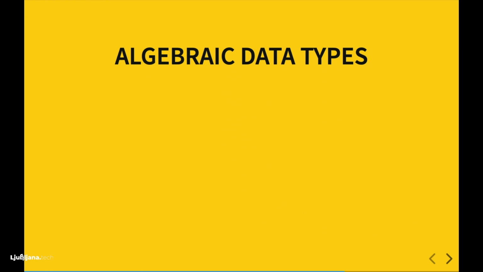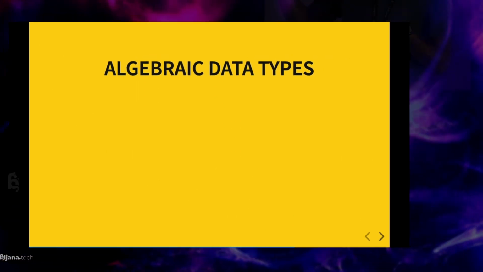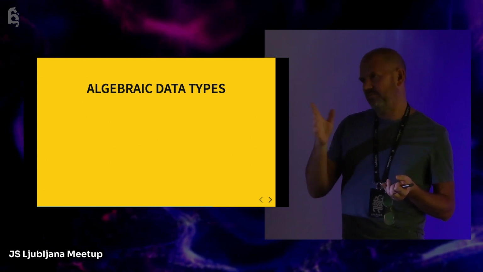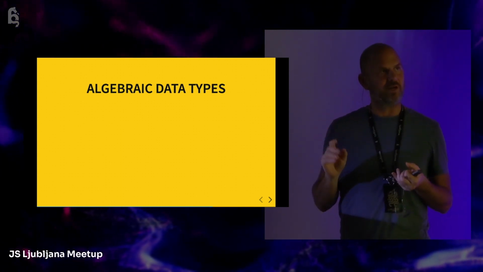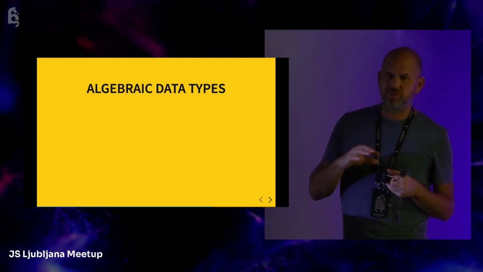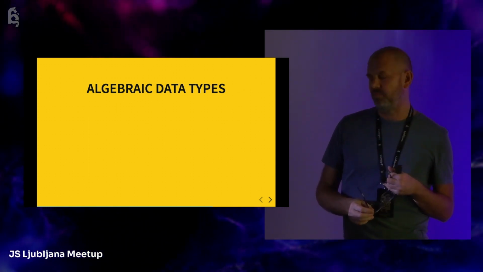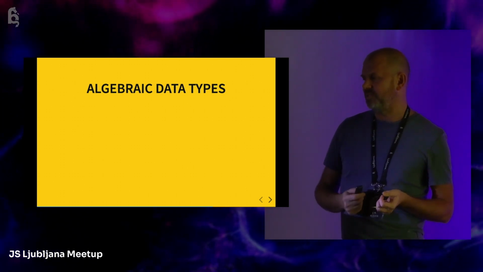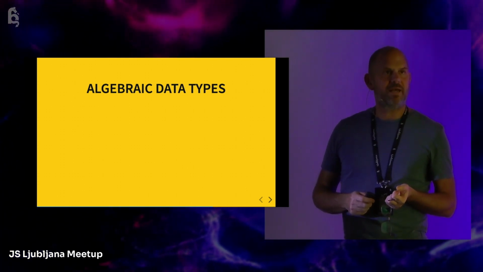Although there are examples of programming languages that are functional in nature but don't have algebraic data types. For example, Lisp or Scheme is such an example. Clojure, maybe. So these are all similar languages, not strongly typed. They don't really do a lot with types. But in most other functional programming languages, algebraic types play a very important role.